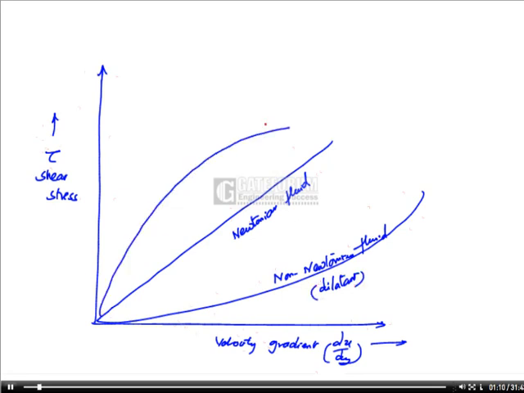This is also non-Newtonian fluid, also known as pseudoplastic. This is ideal Bingham plastic.